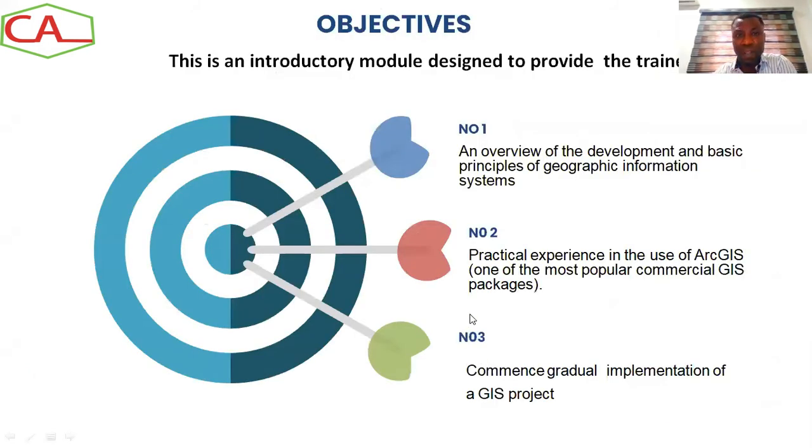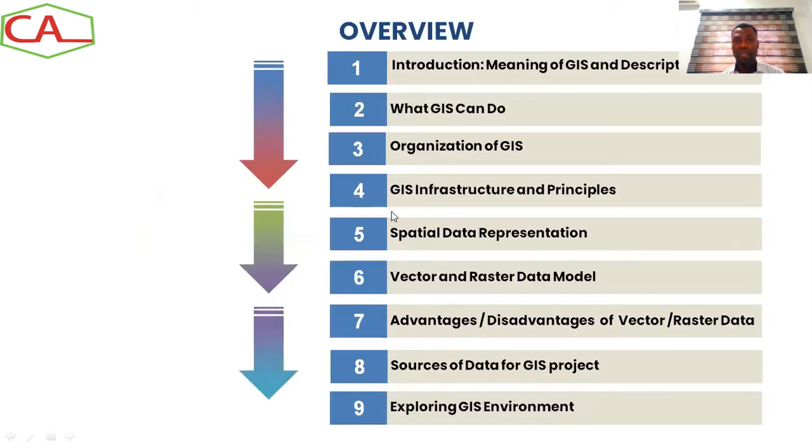In this presentation, we'll try to look at an overview of GIS development in the development of minerals, and some practical experiences that one can actually use in ArcGIS, and also some implementations of GIS projects.